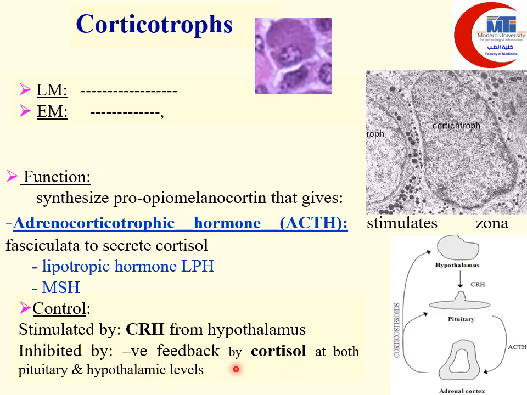What is the meaning of negative feedback? It means that the hormone inhibits the secretion of both the hypothalamus and the pituitary gland. So corticotrophs are stimulated by the hypothalamus and inhibited by negative feedback from the cortisol secreted by the adrenal cortex.